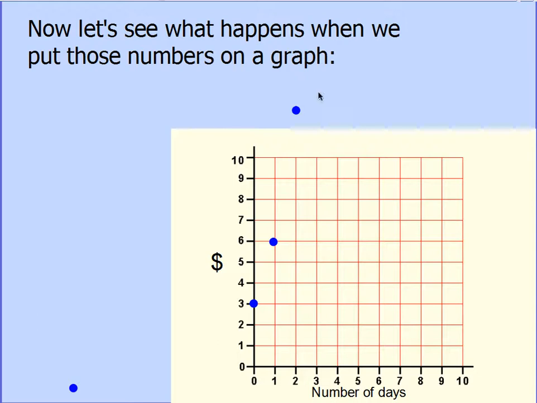And then on day 3, we were clear up at $24, which is clear off my page, so we won't worry about putting a point there. But you can kind of see where your line is going to go. This is definitely not a straight line. This is going to be an exponential curve, but in order to graph the whole thing, we need to do a little more digging.